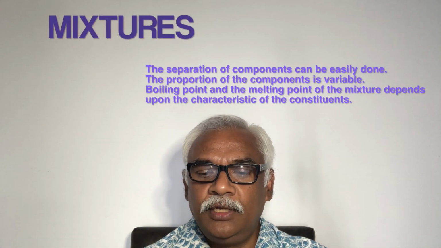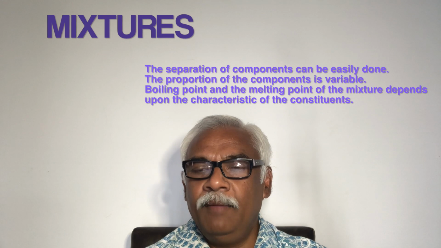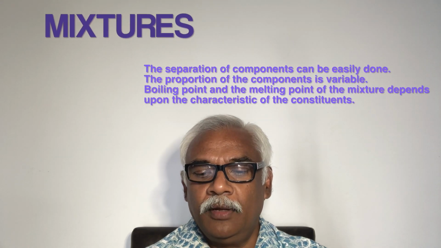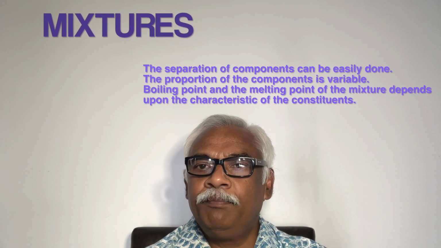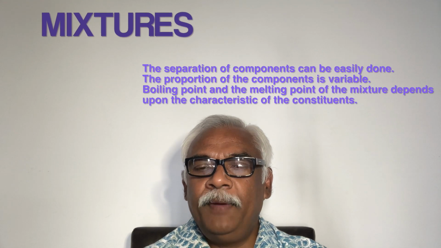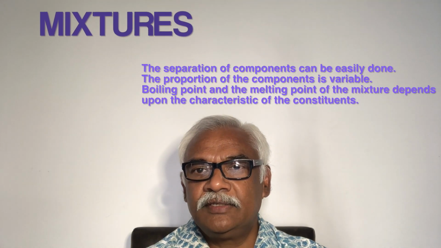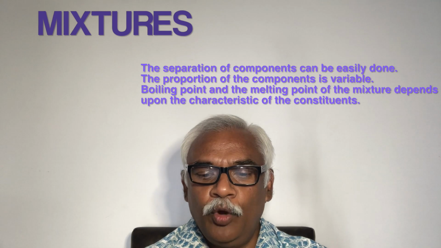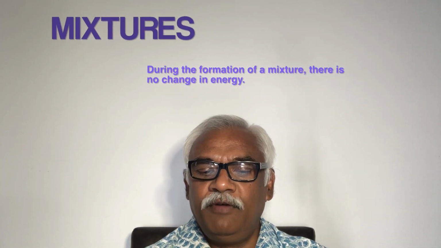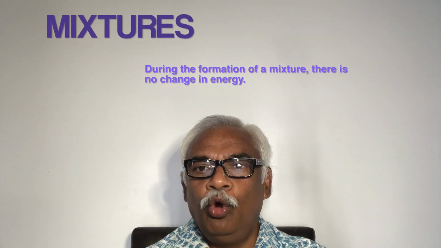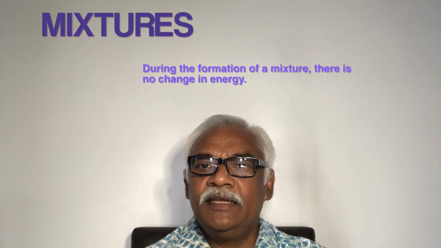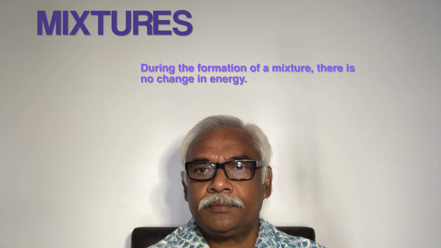The proportion of the parts of a mixture is variable. The boiling and melting point of the mixture depends on the characteristics of the components of which it is made. During the formation of a mixture, there is no energy change because it is a physical process.